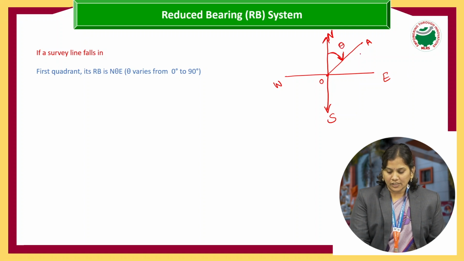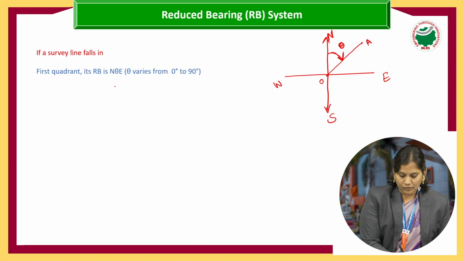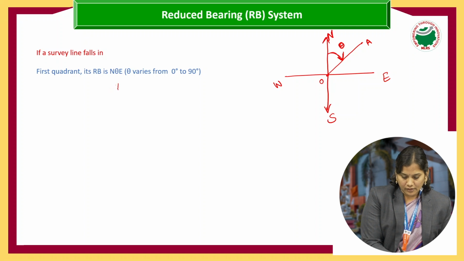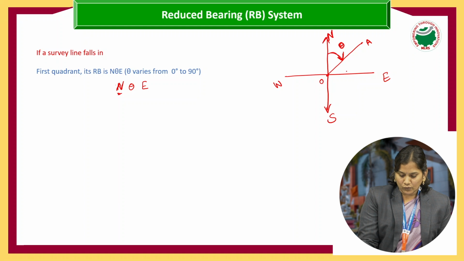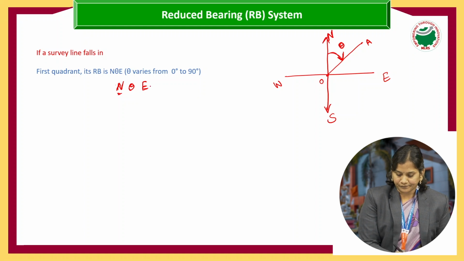From north we are measuring in the clockwise direction, call this angle theta, and we will denote the reduced bearing of this line as north theta east. First we write the first reference axis, that is north, and then which side? Eastwards. So we denote east and theta: north theta east.